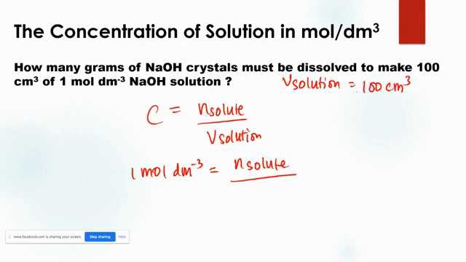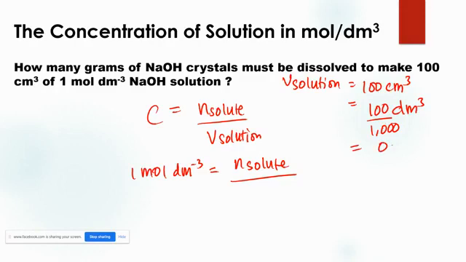Remember, the volume of solution must be in cubic decimeter. It's still in cubic centimeter, so we have to convert this one into cubic decimeters. 100 divided by 1000. From cubic centimeter into cubic decimeter, it must be divided by 1000.